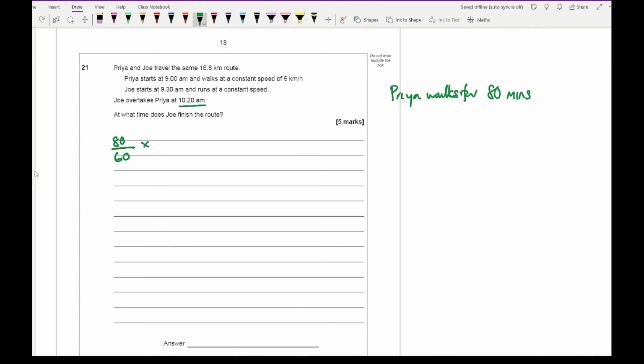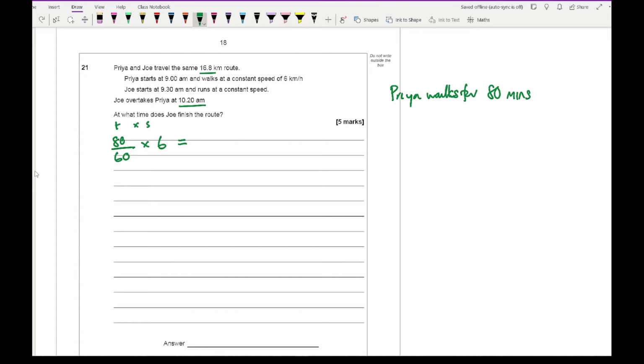And we multiply that by her speed, 6. Because what we want to work out is at what distance in that 16.8 kilometer route did they meet. So this is time times speed, which equals distance.